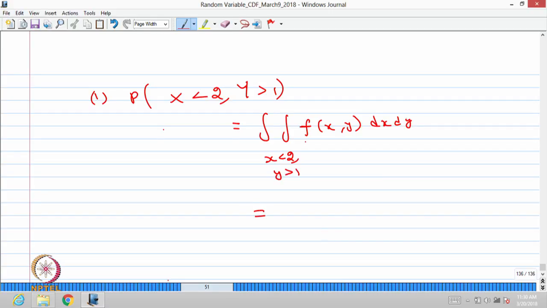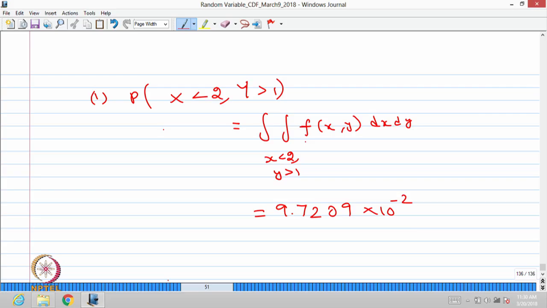You can always get this integration and we can get the final answer. So the final answer is 9.7209 times 10 power minus 2. I am not evaluating this integration here.